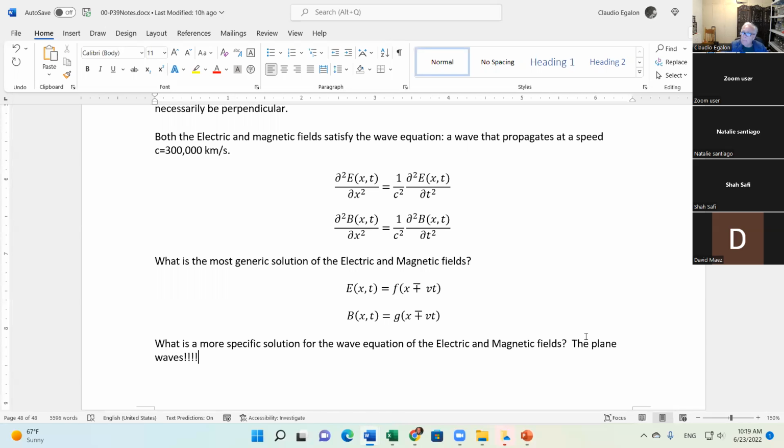That's a possible solution. It is the most useful that we're going to find out. Not only is it the most useful, but also the simplest one. So we can write our electric and magnetic fields in terms of a planar wave, and we're going to do that right now. And from there, we are going to discover other things about the electric and magnetic fields.